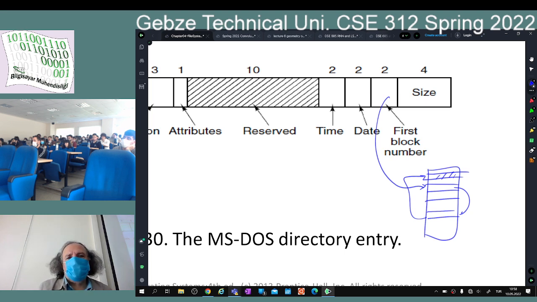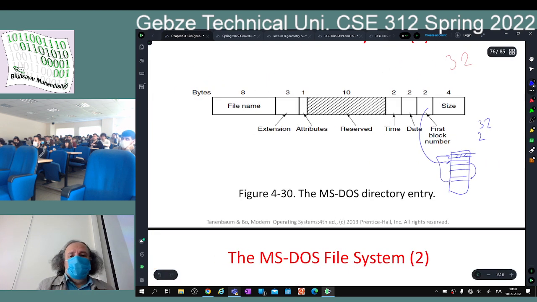This is 4 bytes. That means 32 bits, right? It is 2 to the 32 blocks, because 2 to the 32 bytes is small even for this kind of primitive file system.